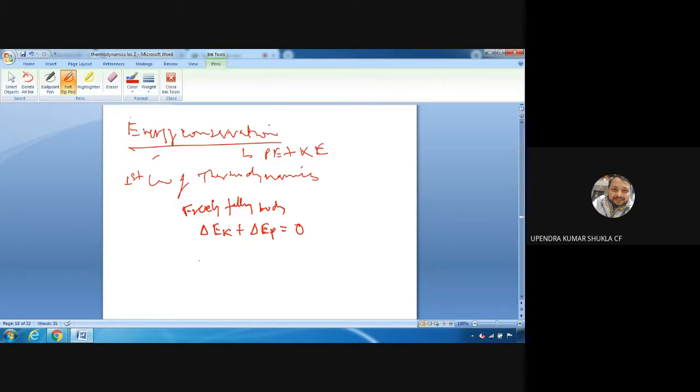That is m u2 square by 2 minus m u1 square by 2, and from position z1 to z2, the potential energy change m z2 g minus m z1 g, is equal to 0. This principle is applied only for a purely mechanical process.